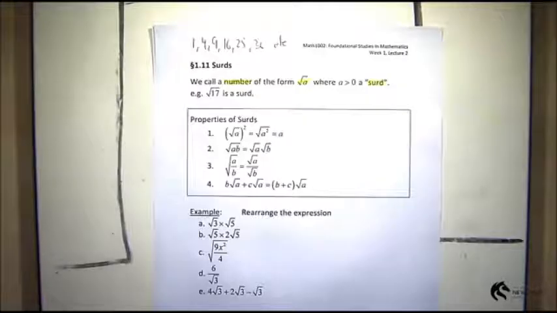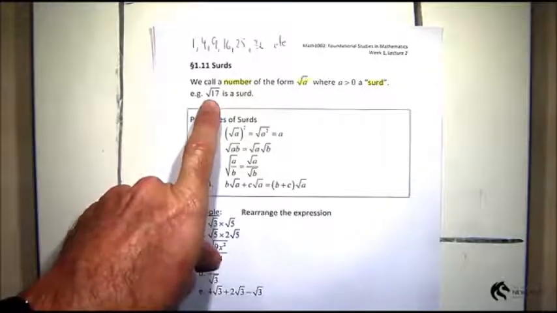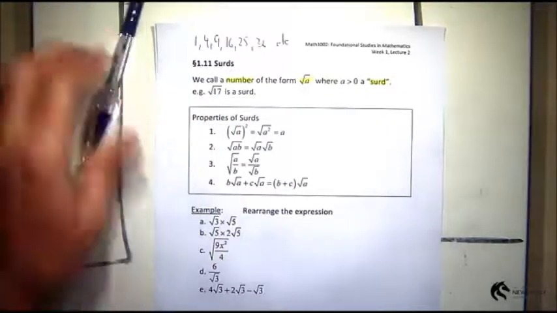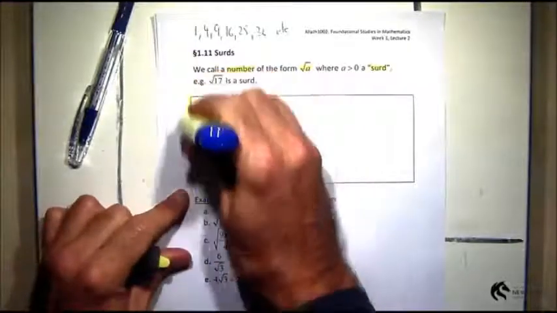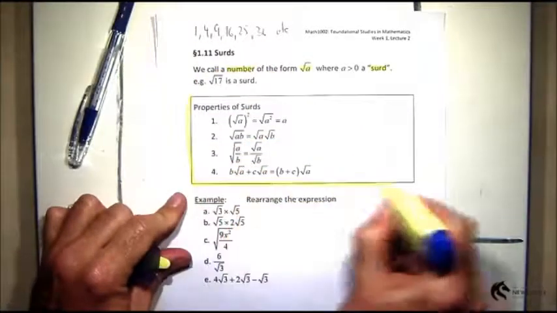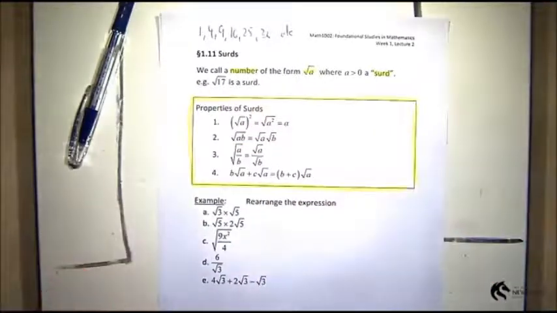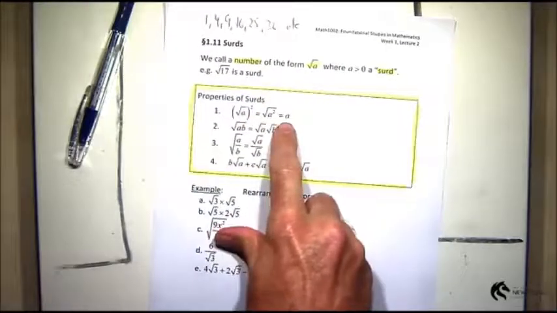And so as a result, it becomes important that we actually can work with surds. And it turns out, here are the properties of surds that we need. Obviously, if you've got the square root and you square it, you get the number itself.